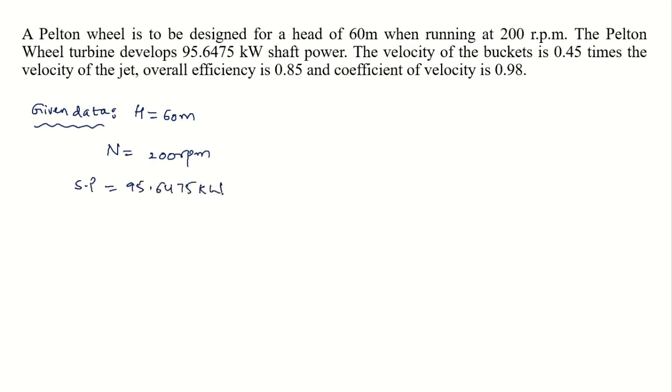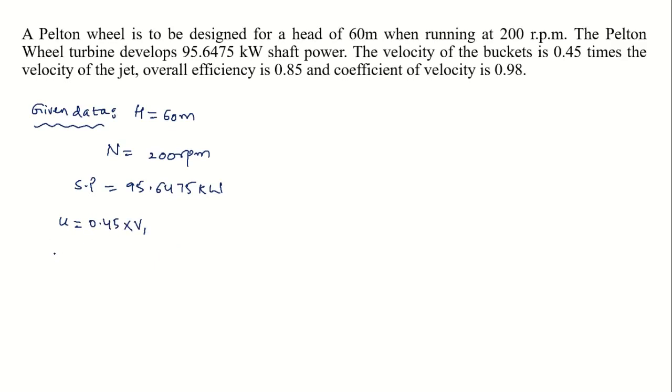Next we have the velocity of buckets as 0.45 times the velocity of the jet. So we have U equal to 0.45 times the velocity of the jet V, or let's write it as V1.